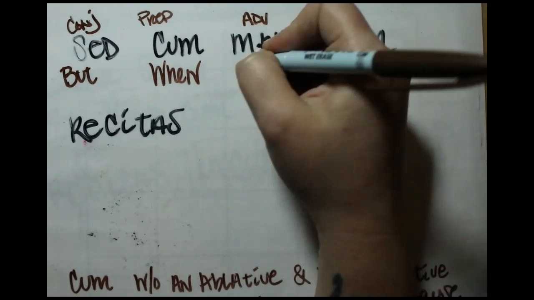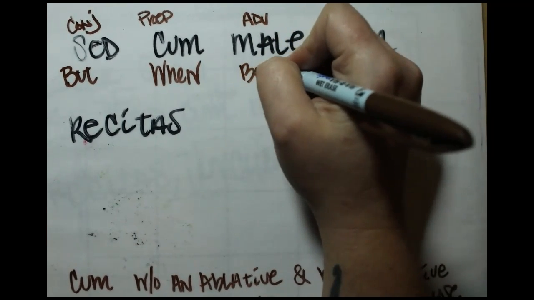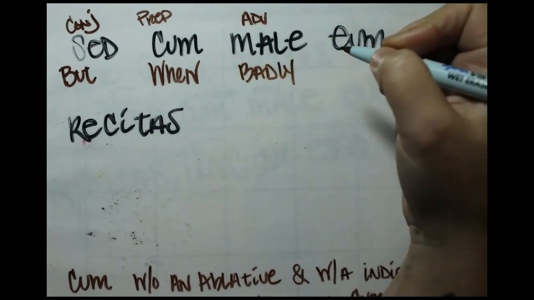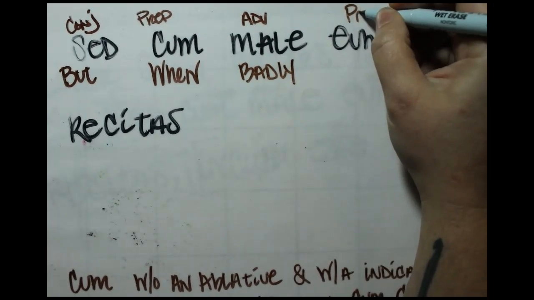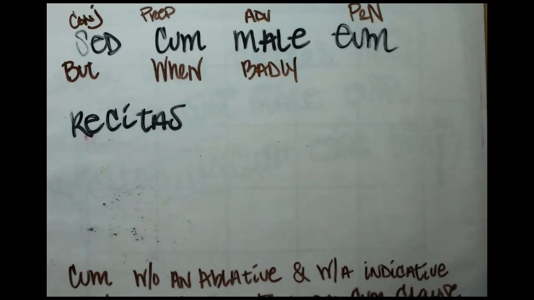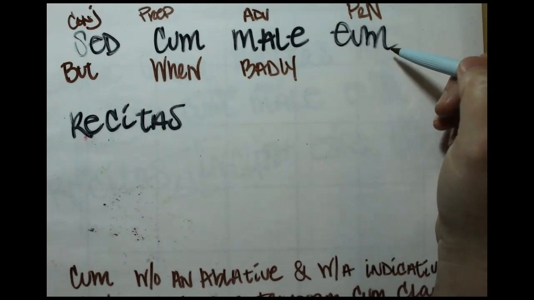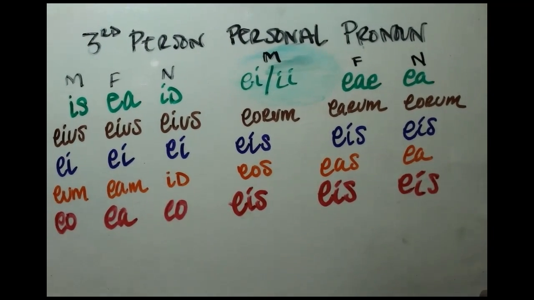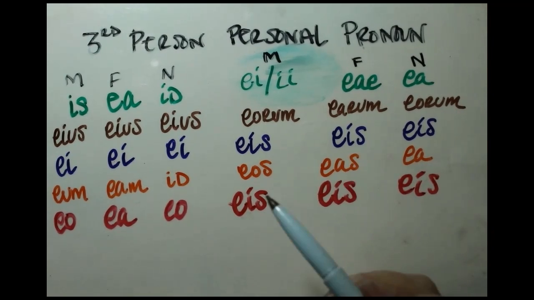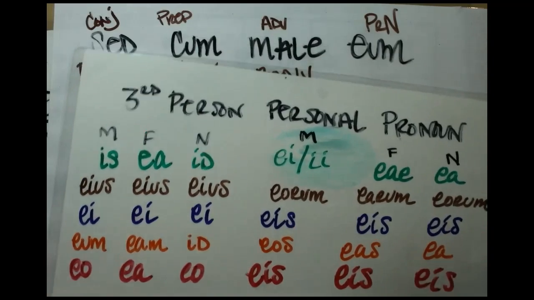So male here is an adverb that means badly, poorly, etc. So it's an adverb. This is a pronoun. And which pronoun is it? If we pull out our chart, we know that this is a third person personal pronoun. When we look through, this is the only form that matches eum.